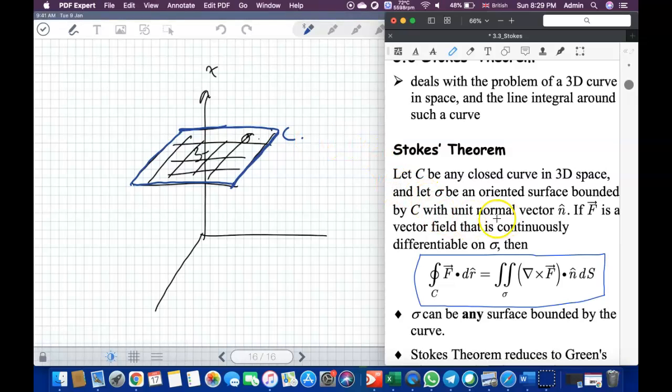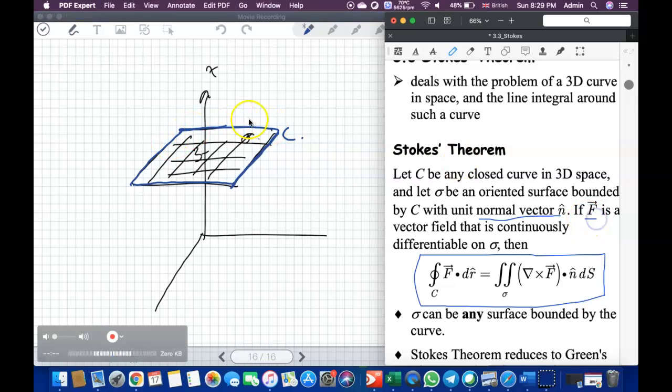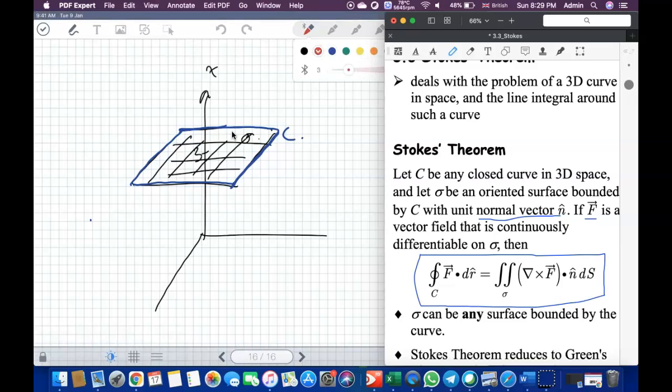So on the surface you can always obtain the normal vector, or unit normal vector, to the surface. Imagine that there is a vector field, given by the vector F, and F is a continuously differentiable vector field.